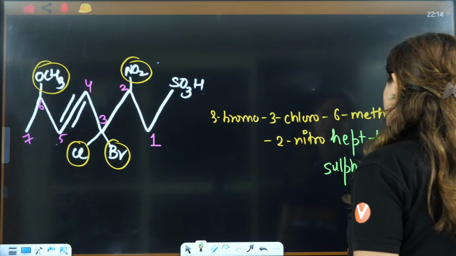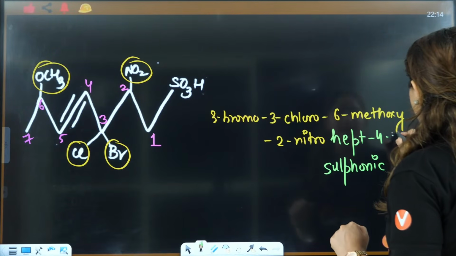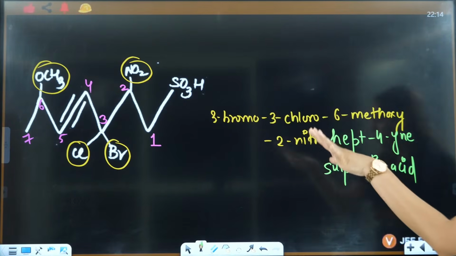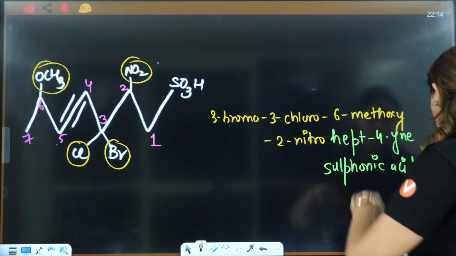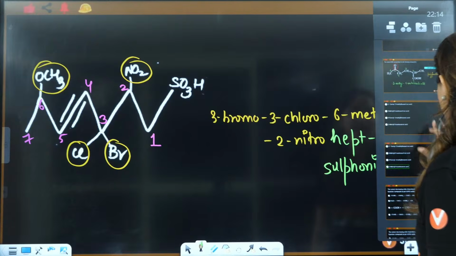I just remembered, there was an alkyne, in fact, it's not ene, it's alkyne. 4-yne sulfonic acid, this I forgot. So sorry. I was just thinking that there was yne in the last question, but I have not written yne anywhere, right? So I forgot about that.